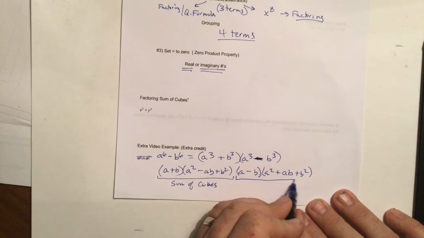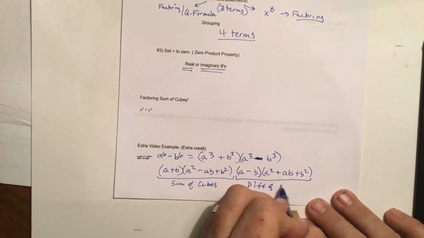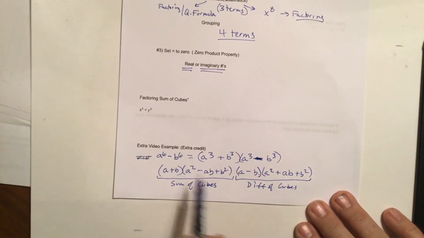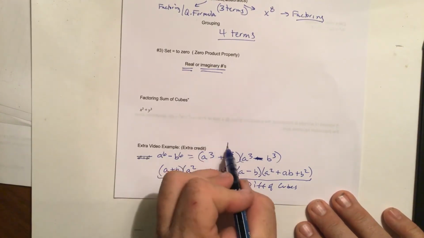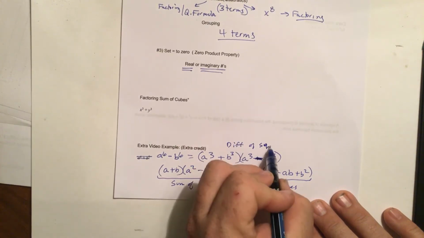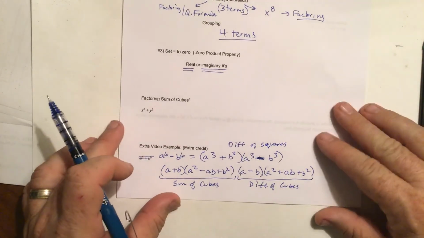So this is the difference of cubes. So we've just used the difference of squares, and then we've done the sum of cubes and the difference of cubes. So we'll move on to the next one.